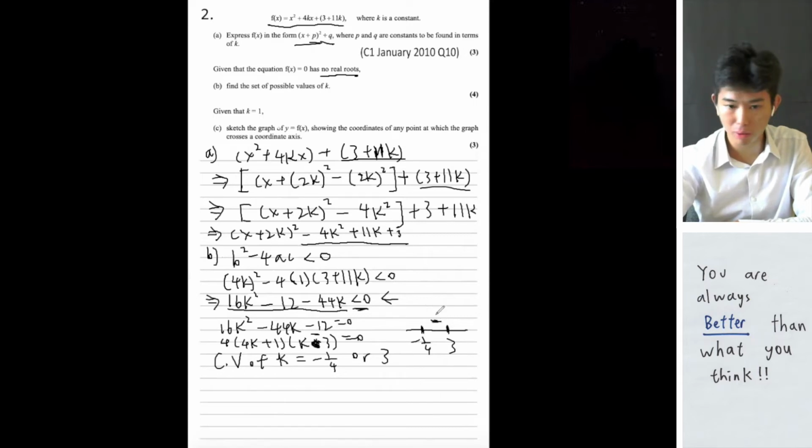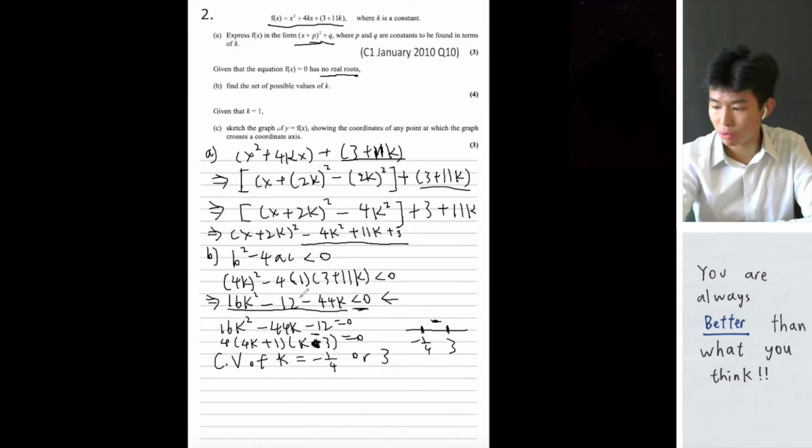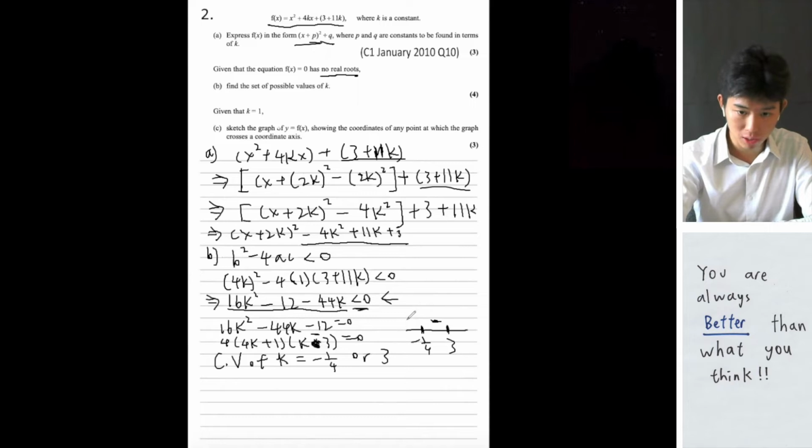If I put a value greater than 3, let's say negative 1, then I get 16 times negative 1 squared, which is 16, minus 12, minus 44 times minus 1, which would give the answer of 48. 48 is greater than 0, which is a positive sign.